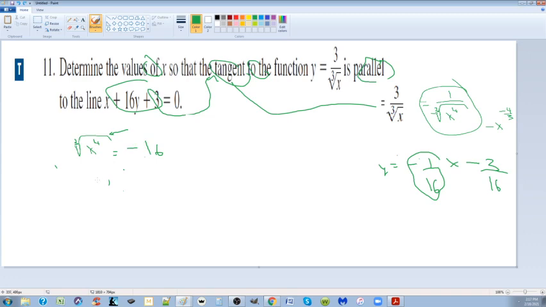Okay, so how do I get rid of a cube root here? How do we get rid of a cube root? Actually, I might have made a small error here. We'll see. Anyway, how do I get rid of a cube root?